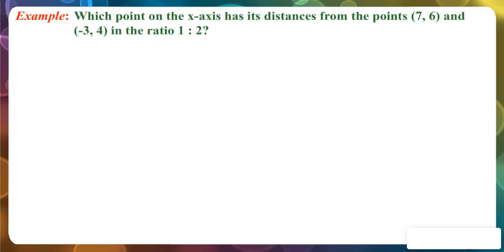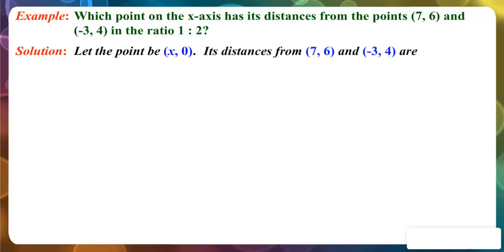Let's take the next example. Which point on the x-axis has its distance from points (7, 6) and (minus 3, 4) in the ratio 1:2? Let's solve this. Let the point be (x, 0).